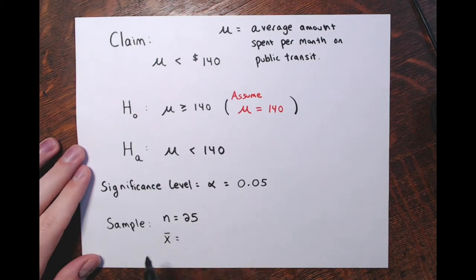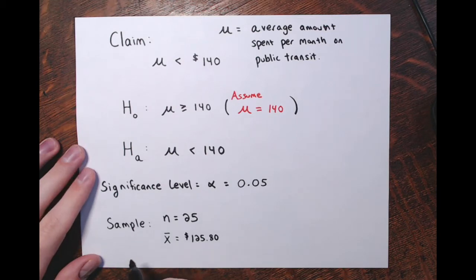So these 25 people paid on average per month on public transit $125.80. Now we are not told what sigma is, but we are told in the objective that sigma is known.